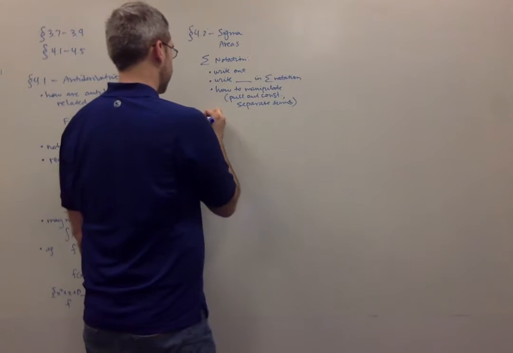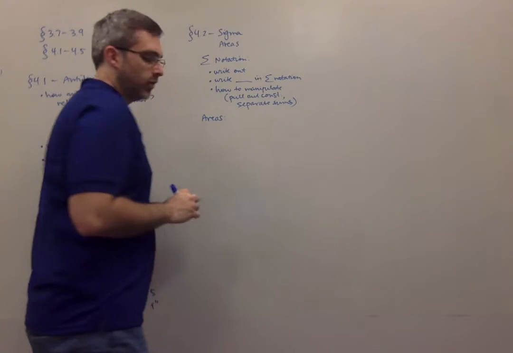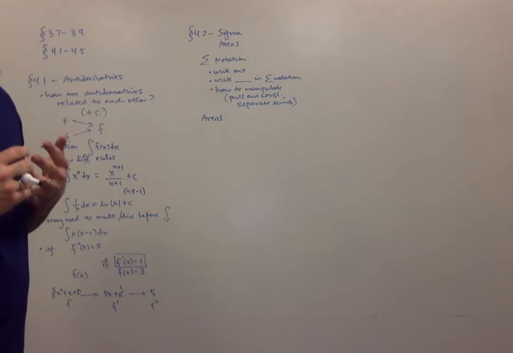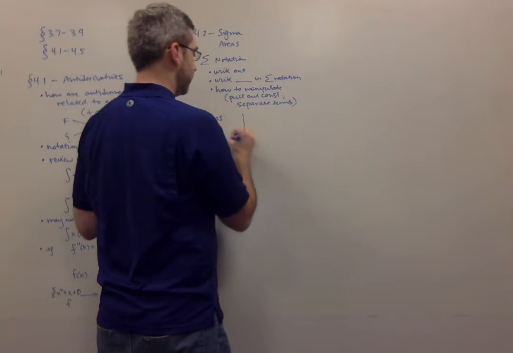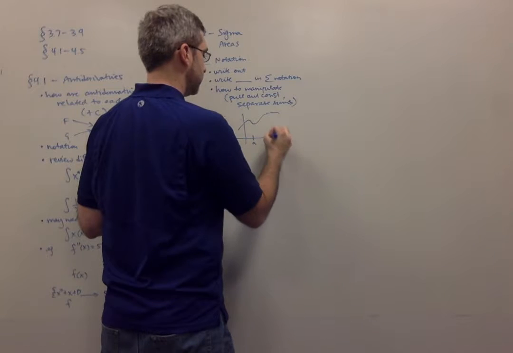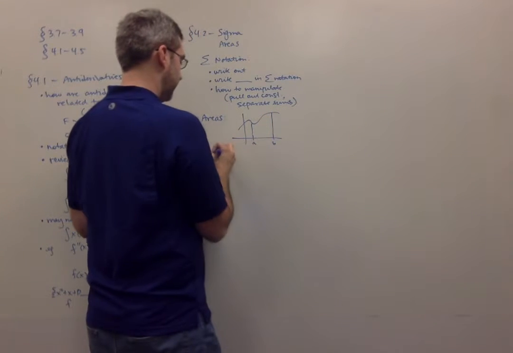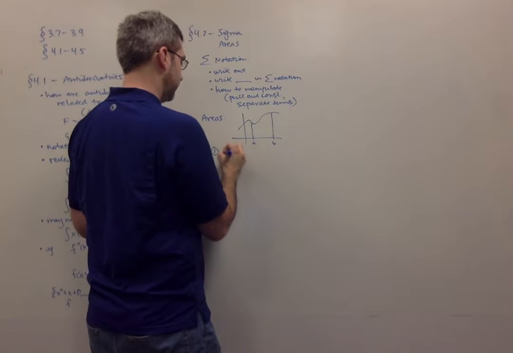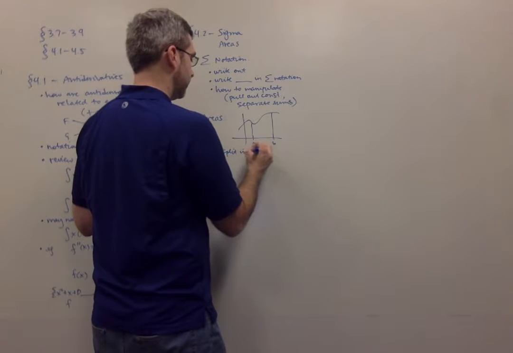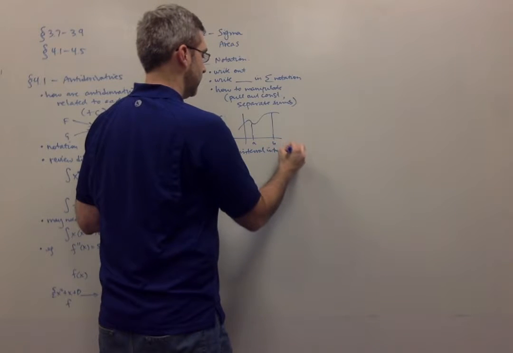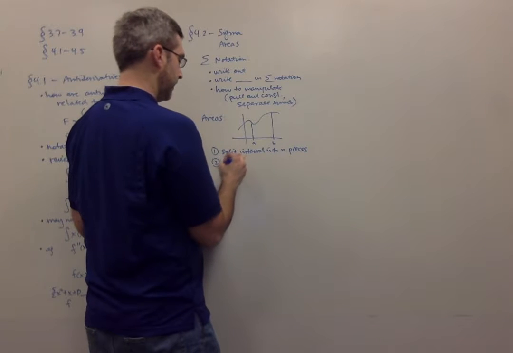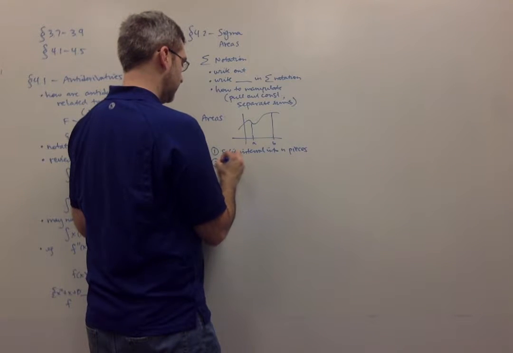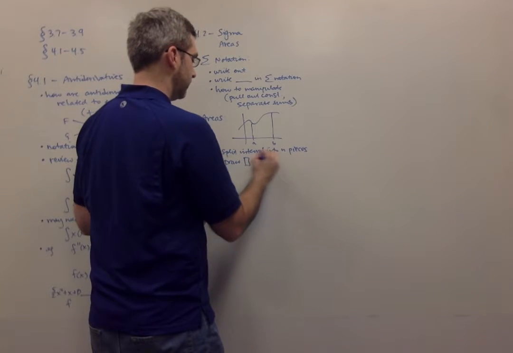When we talked about areas, we had a special set of steps that we did. If I want the area under a function from one point to another, we split the interval into n pieces, and then draw the rectangles using right endpoints.